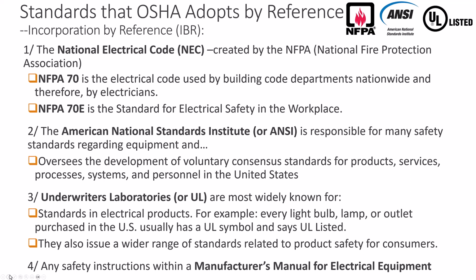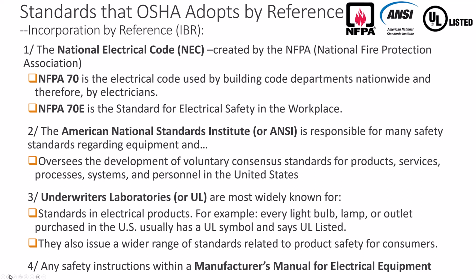Then the ANSI standards, of course, we're dealing with many safety standards dealing with equipment. They oversee the development of voluntary consensus standards for products, services, processes, systems, and personnel. Then there's the Underwriters Laboratory, or UL listed equipment. And they're similar, but they deal specifically with certain kinds of equipment.